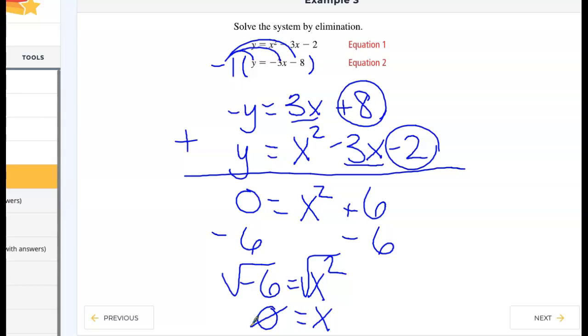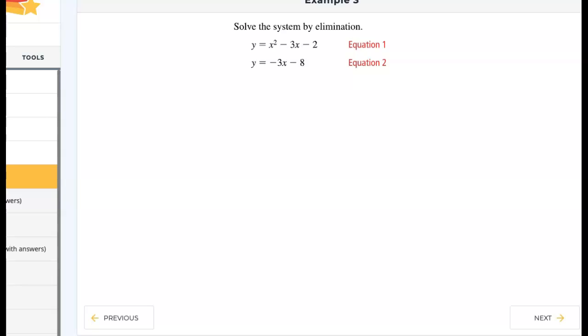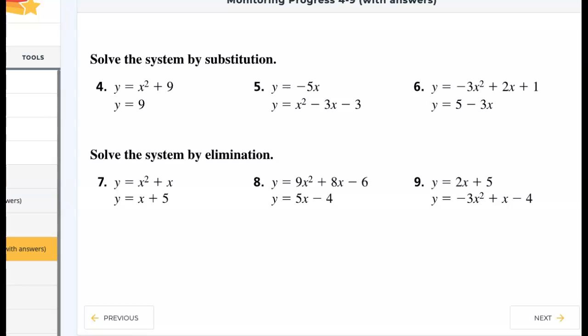Okay. If we do another elimination where we actually get an answer, number 8's not pretty, but it's okay. If we look at number 8, I want to get one of my y's to cancel out.